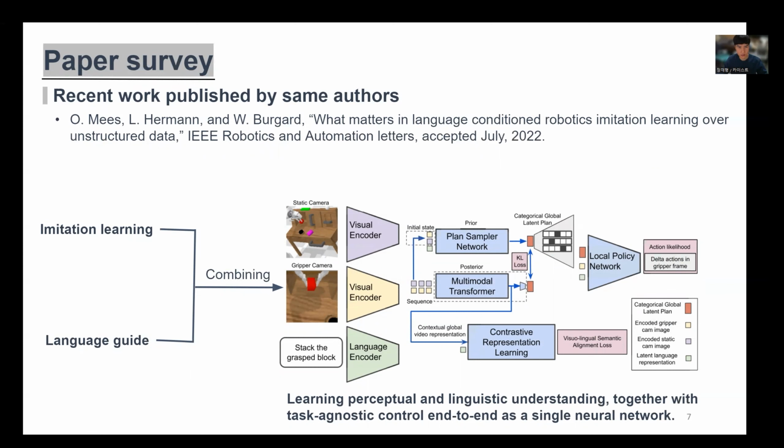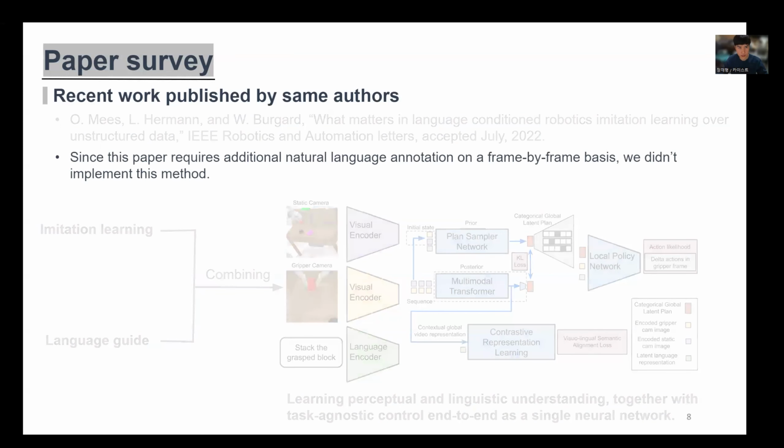This paper deals with combining language guidance with imitation learning to enable a robot to learn perceptual and linguistic understanding together with task agnostic control in an end-to-end manner. Although this is a new imitation learning research, we thought that this was not adequate for implementation ourselves, since the paper requires additional natural language annotation on a frame-by-frame basis.